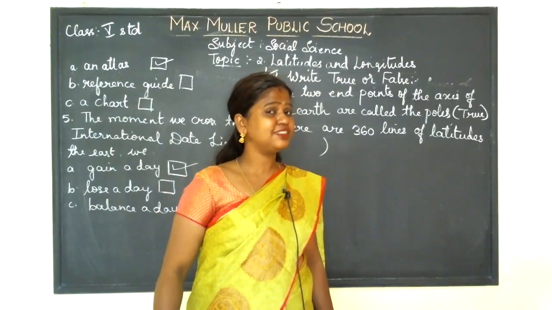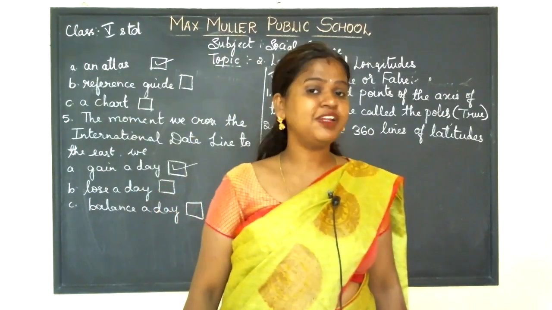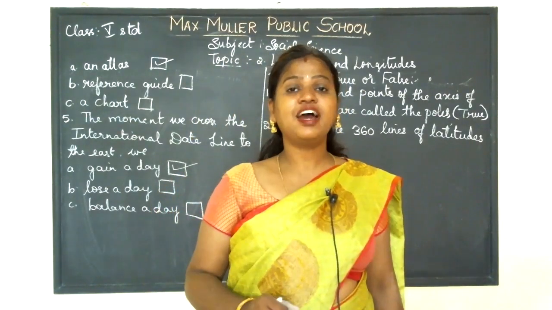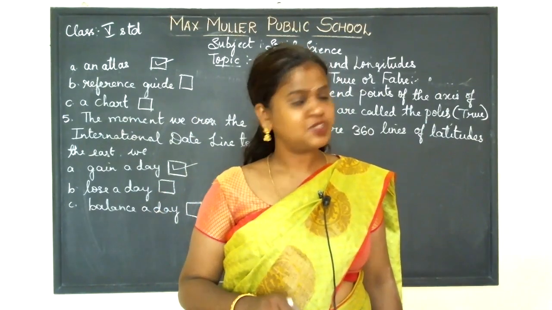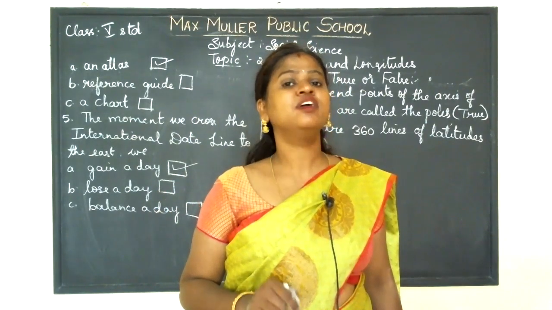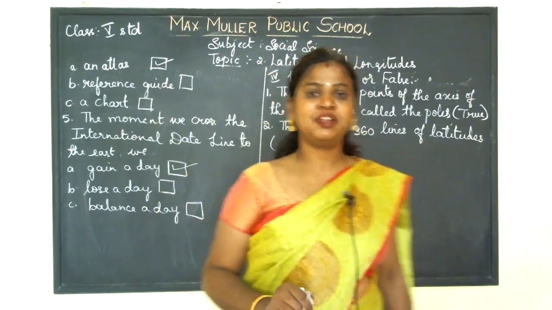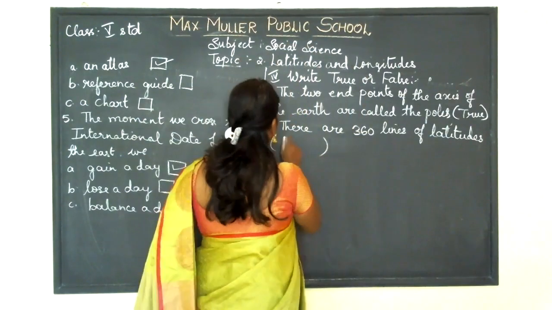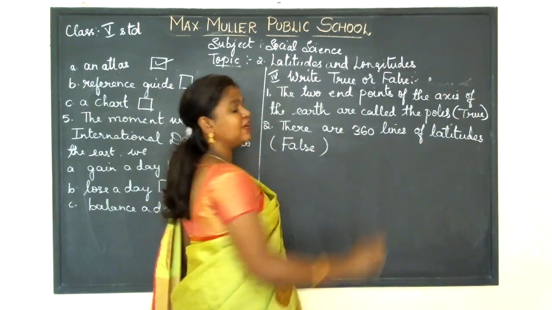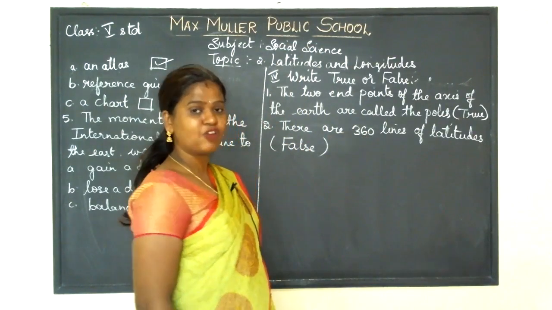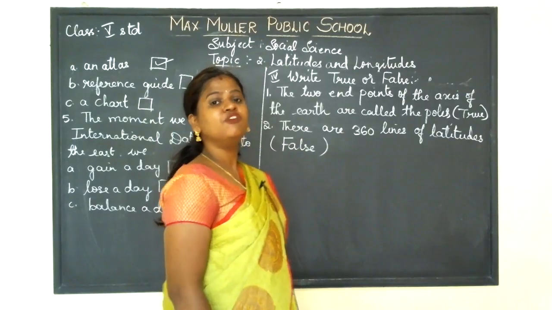No, how many latitudes are there? There are 181 lines of latitudes. So this statement is wrong. When it is a wrong statement, it becomes false. The longitudes have the 360 lines of longitudes or meridians. So the answer will be false.